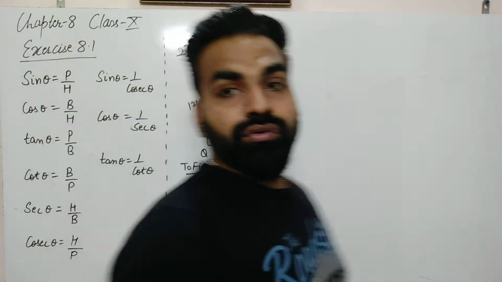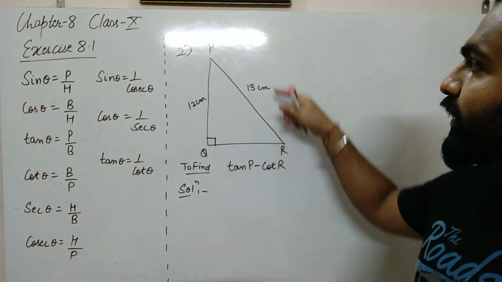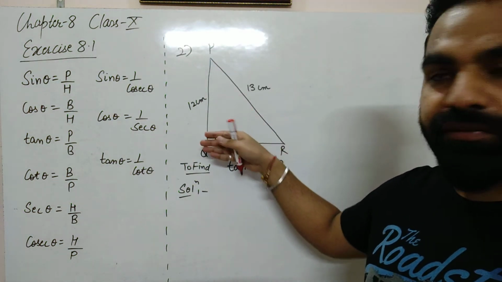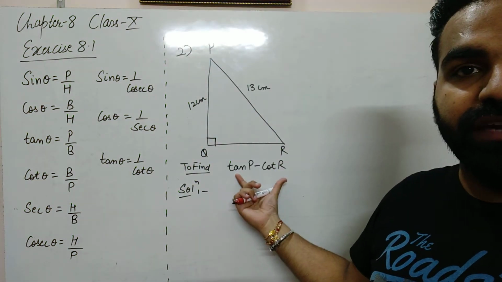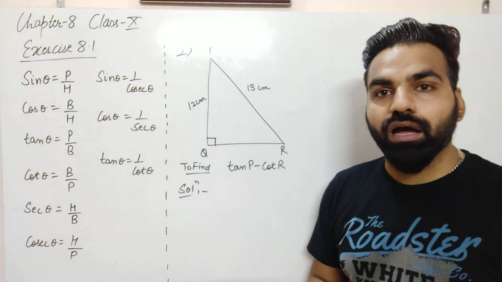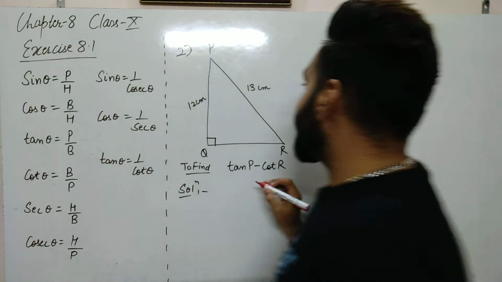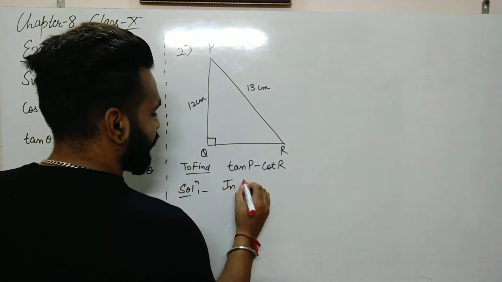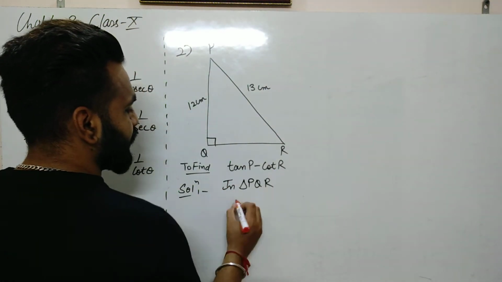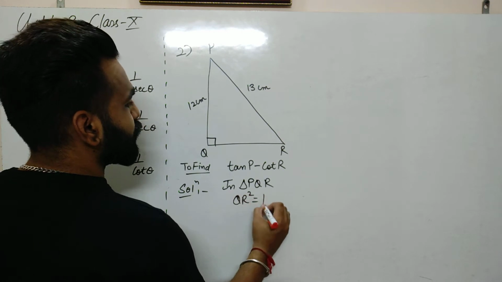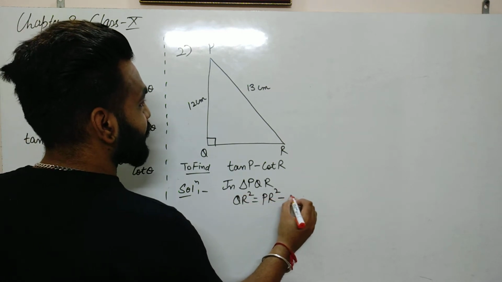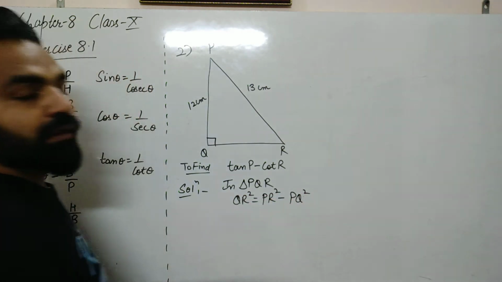In question number 2, the figure is given here. Triangle PQR, PR is given, PQ is given. We have to find the value of tan P minus cot R. So first of all, we will find the third side here. Using Pythagoras theorem in triangle PQR, QR square will be equal to PR square minus PQ square.